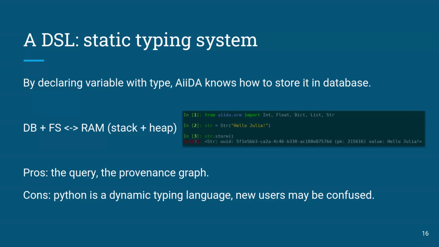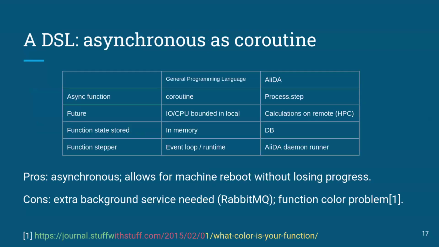So to new users, this may be confusing, because once you get familiar with Python and then go to AiiDA, you still find a little bit of a barrier. And then there are the asynchronous coroutines.